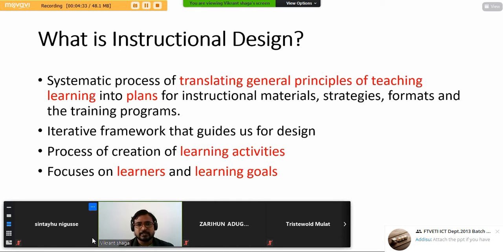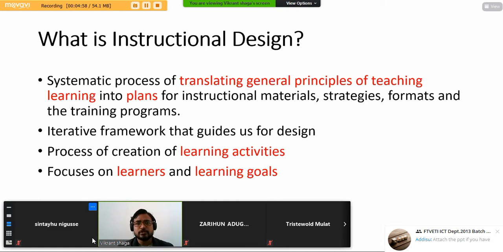Now what does it do? It focuses on learners and learning goals. What instructional design does is focus on learners. It is not related to any feedback, nothing like that. It simply focuses on the learner's interest and what the learners want exactly.